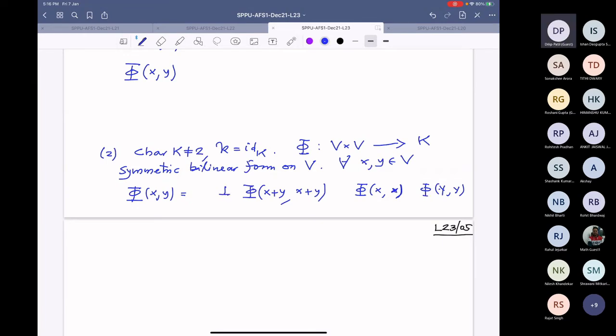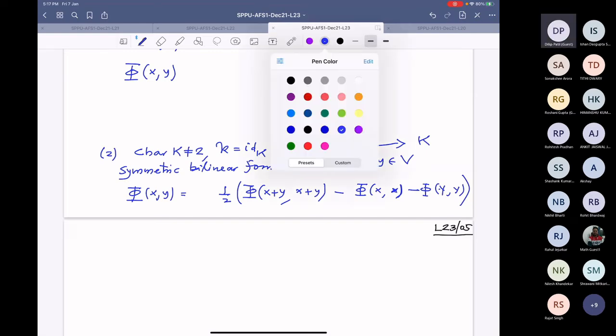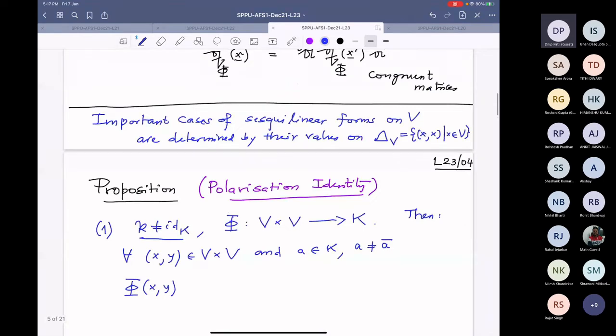This is half of this minus this minus this. Is that clear? If you expand it, it will be clear. It is symmetric and bilinear, so you expand this and cancel, and it is very easy to check. You would have checked that.